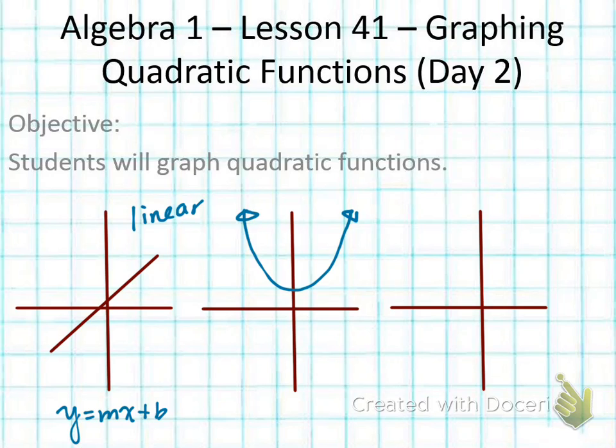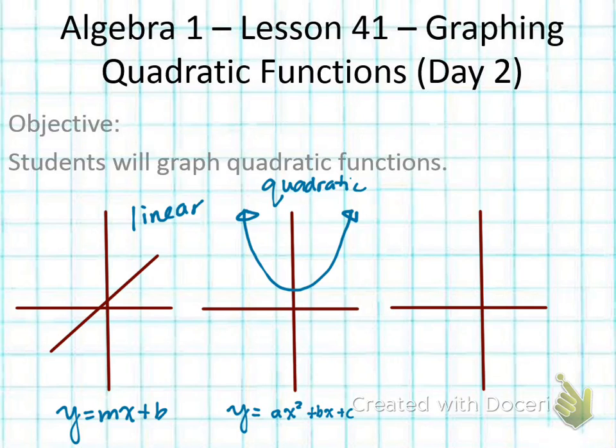This is called quadratic. And the form of this we learned yesterday was y is equal to ax squared plus bx plus c. That's the standard form, and we needed it in order to graph it, okay? There are other ways to graph it, you'll learn in Algebra 2, but in Algebra 1 this is all we need to know.